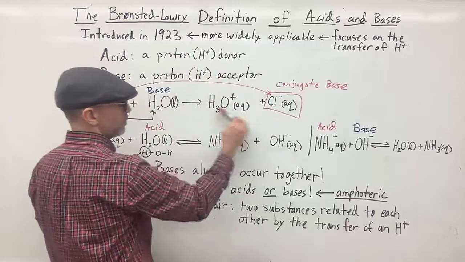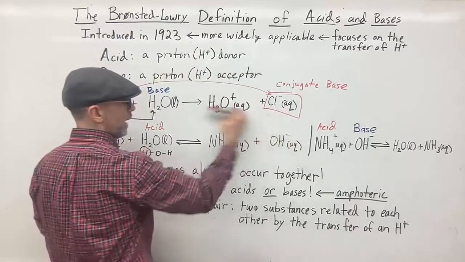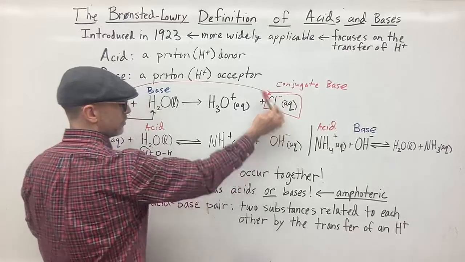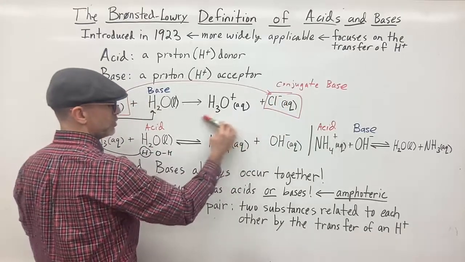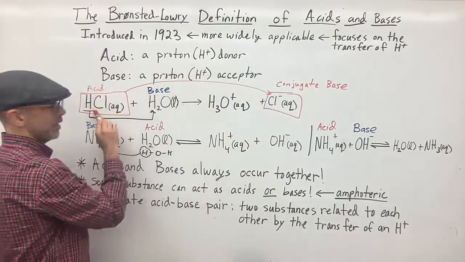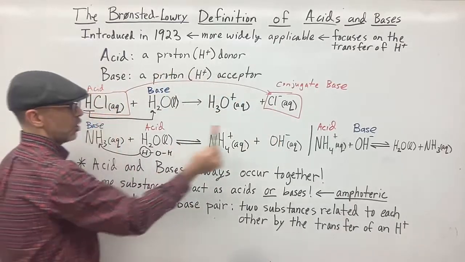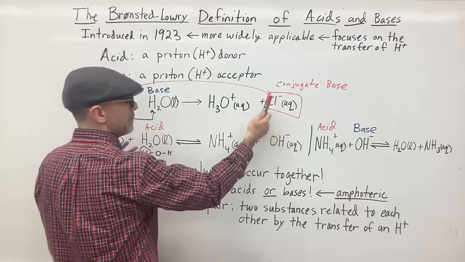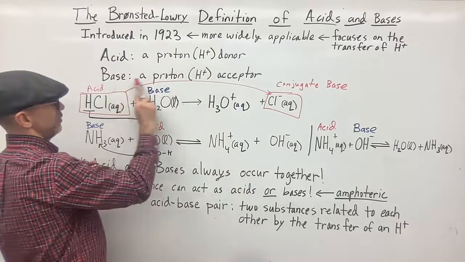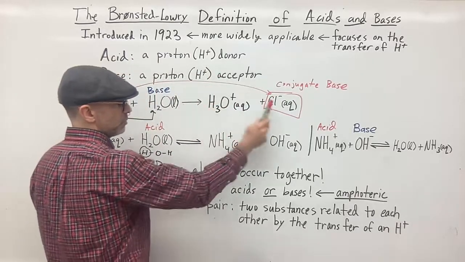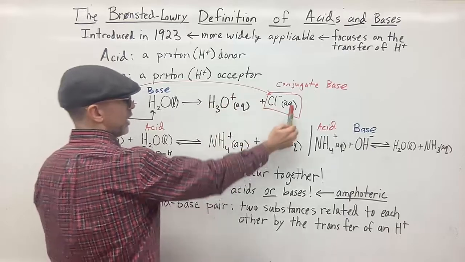So if we go backwards, the Cl minus, the chloride ion, is going to pick up a proton from the hydronium ion to form HCl back. So chloride ion would act as a base by acting as a proton acceptor. So it would take H from the hydronium and form that.